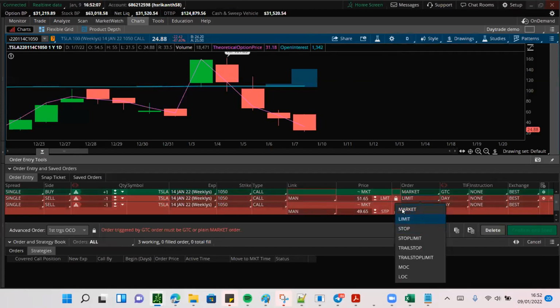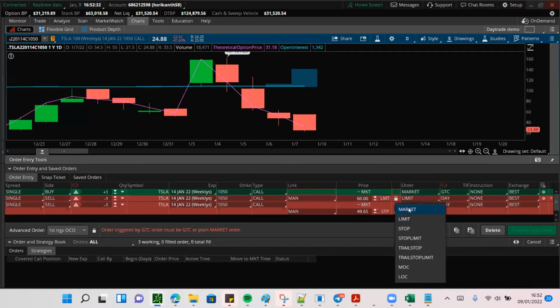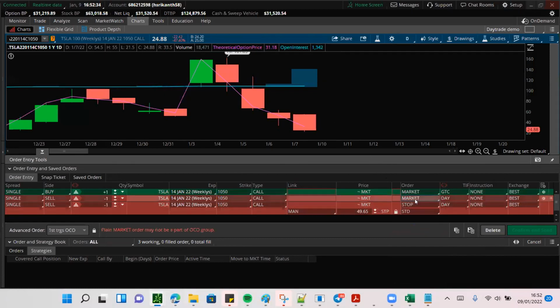We can even set up the limit order. Let's say you want to sell it at, I'll keep a rough estimate, 60. Or you can also set up this one as a market order too.